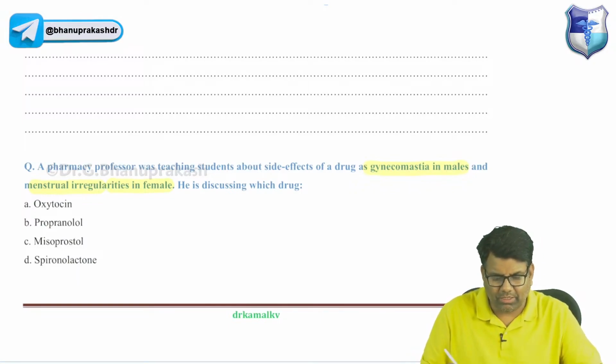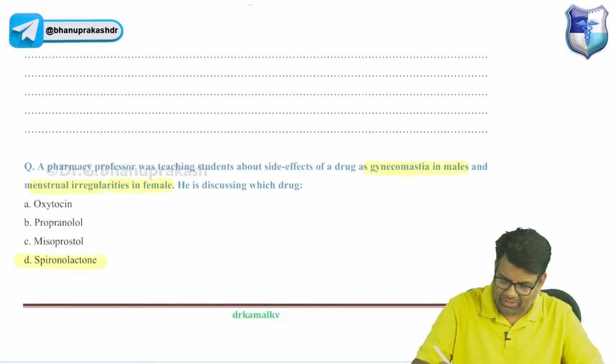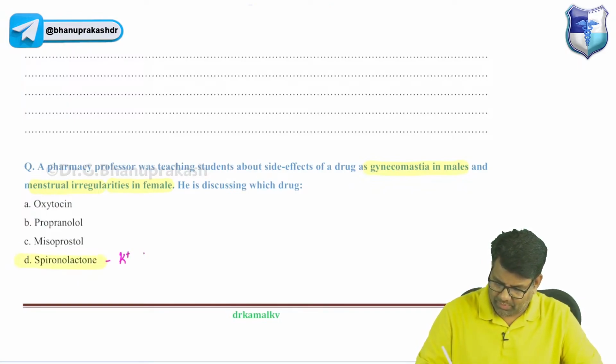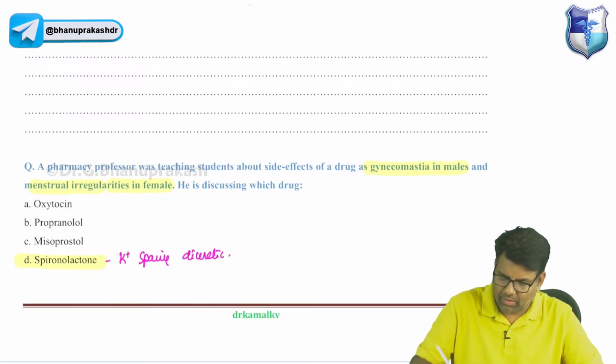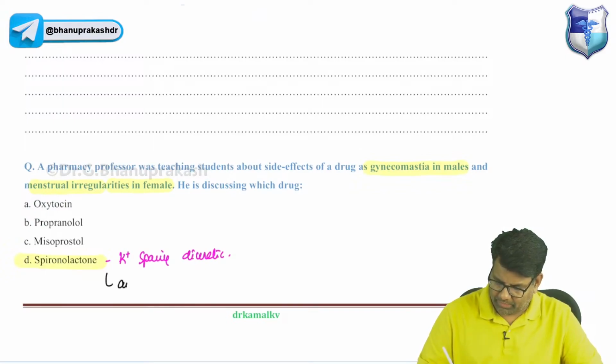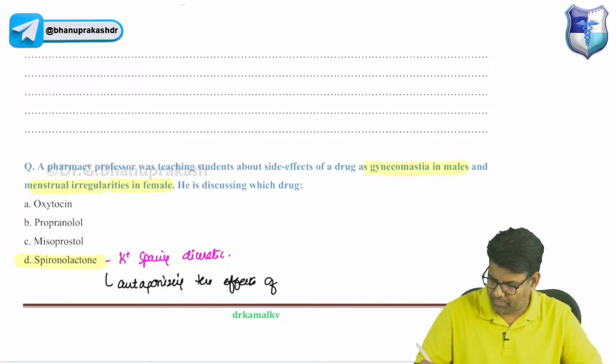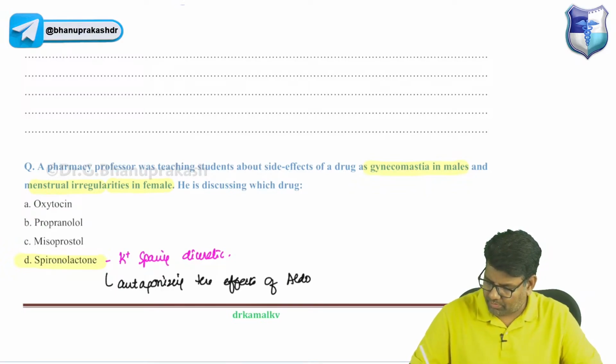Of course, everyone is right. This is spironolactone, which is a potassium sparing diuretic, acts by antagonizing effects of aldosterone in the early part of the collecting duct.